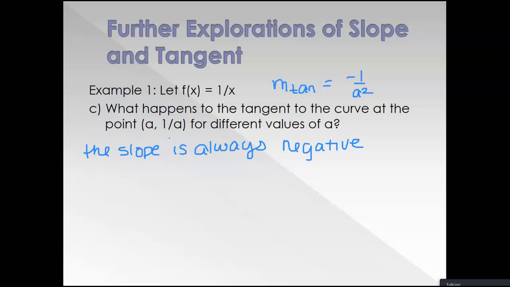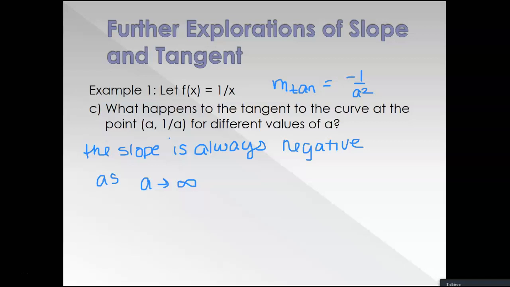So if the slope is always negative, that means as a is going to infinity, so as a is getting really, really big, what's happening to the function?